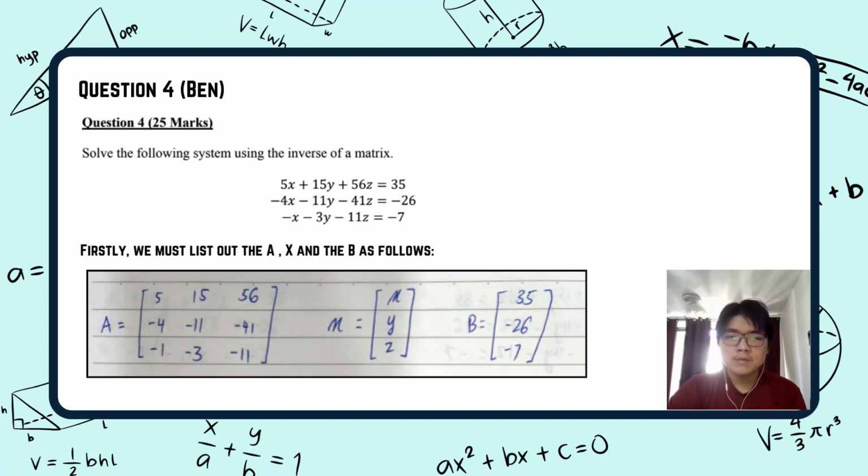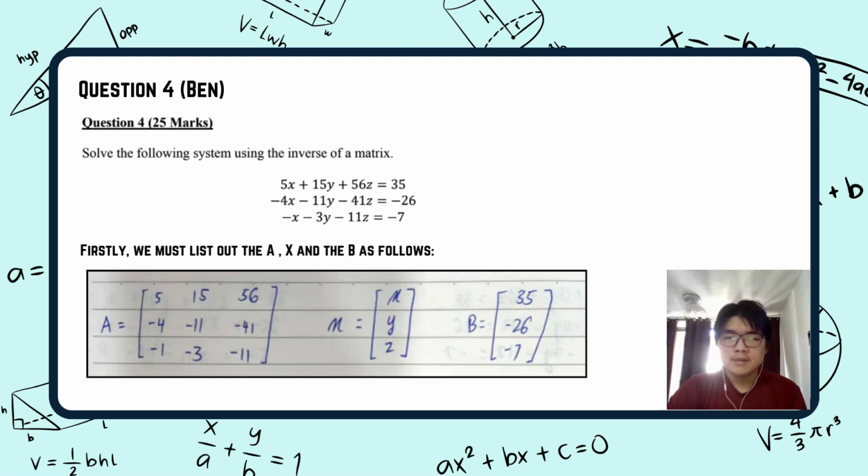So for the first row, we have 5, 15, and 56. On the second row, we have -4, -11, and -41. Then for the third row, we have negative x, so we put it as -1. Then we have -3 and -11.